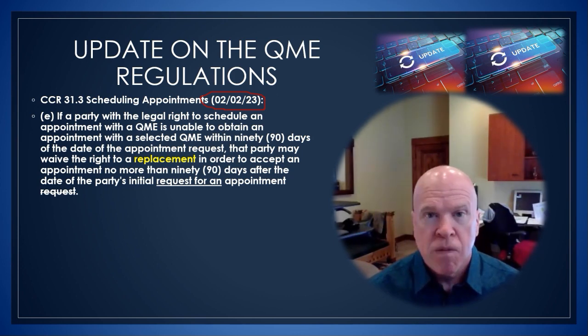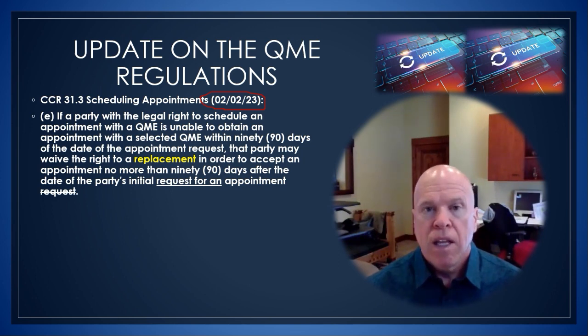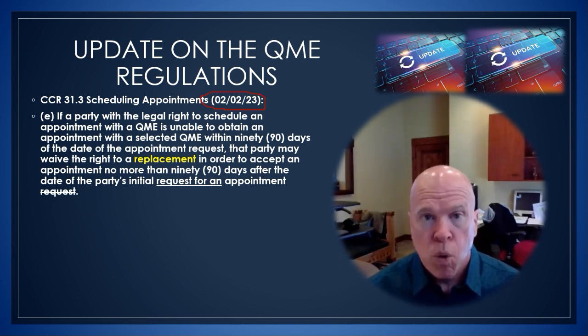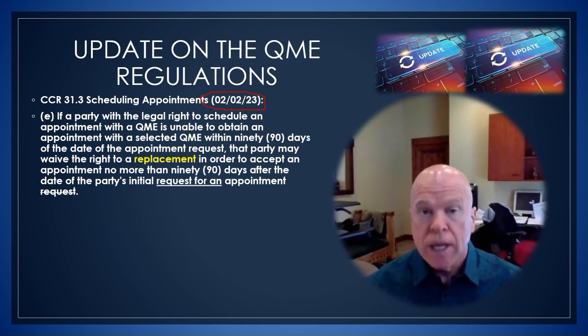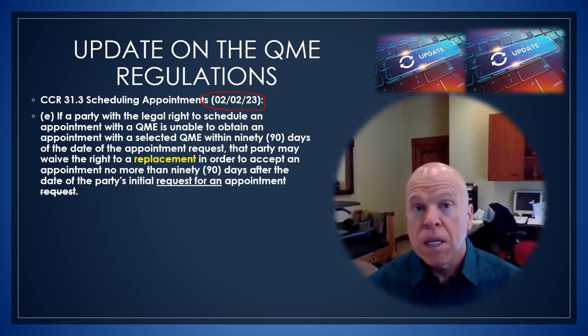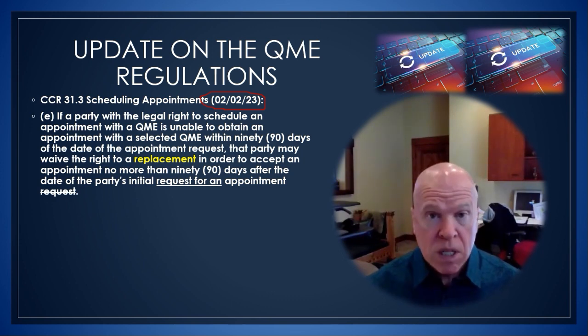Okay, so you receive a phone call today, and the phone caller asks, when is Dr. Smith scheduling appointments in Antioch, California? If they are unable to get an appointment within 90 days of the date of the request, that party, meaning the party that's calling, the party with the legal right to schedule the appointment, that party now has some authority.